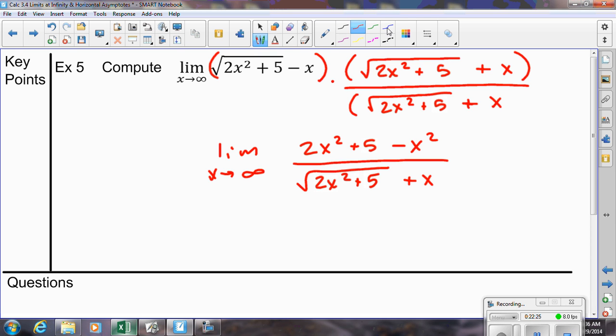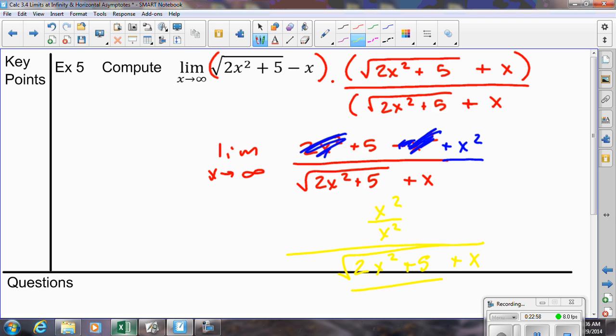And so what we wind up with is 2x squared minus x squared, which is just 1x squared. Then we're looking at x squared over this. We would be able to divide by x squared and say x squared over x squared, all over the root of 2x squared plus 5 plus x over x squared.